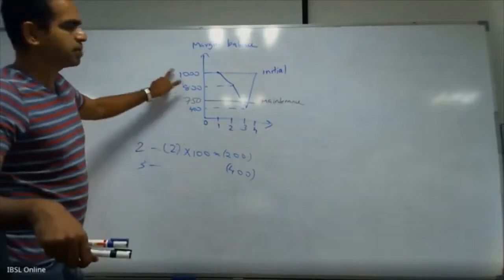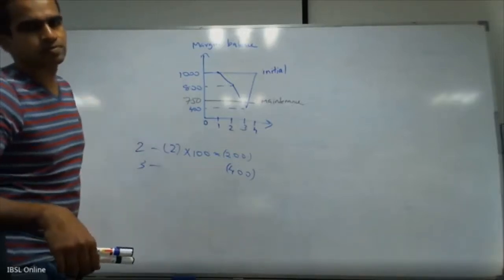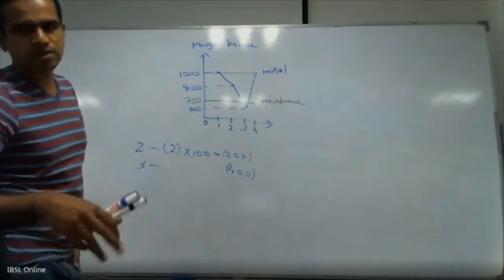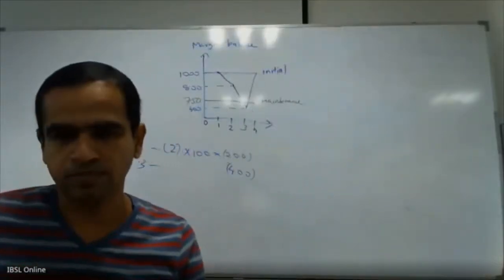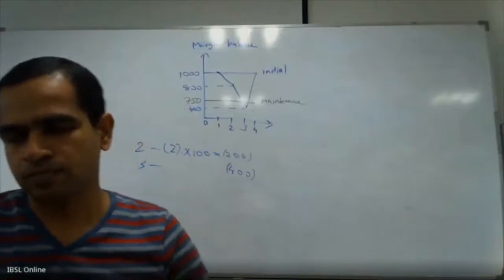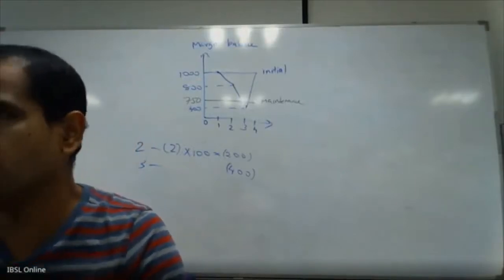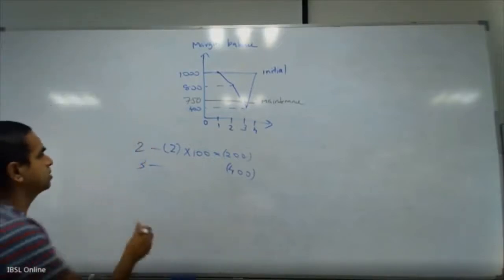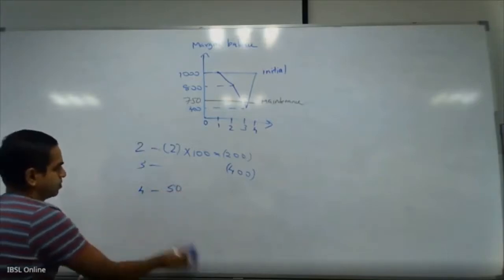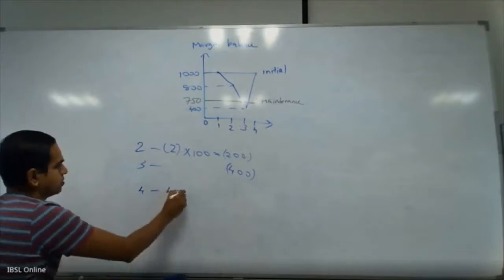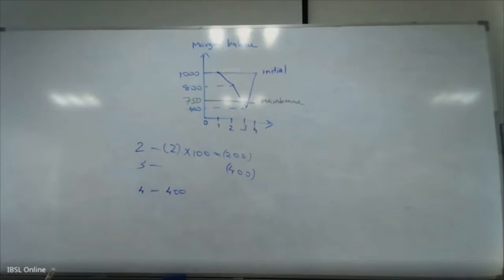Meaning from $400, he has to top it up by $600, to $1,000. Clear? So that's how the margin account operates. Any questions? Any questions on futures? So what happens on the next day, let's say day 4, if the price is 400, then what happens? From 394, if the price goes to $400 on day 4, what happens?